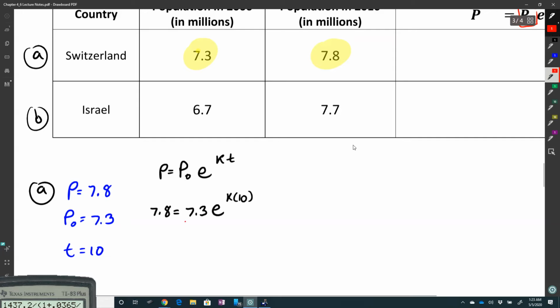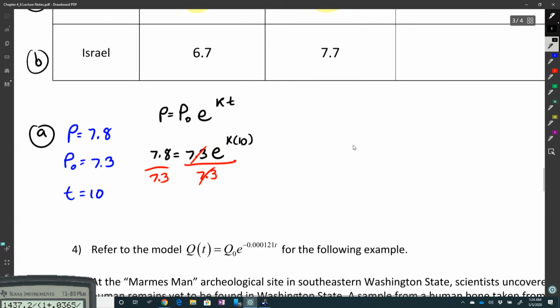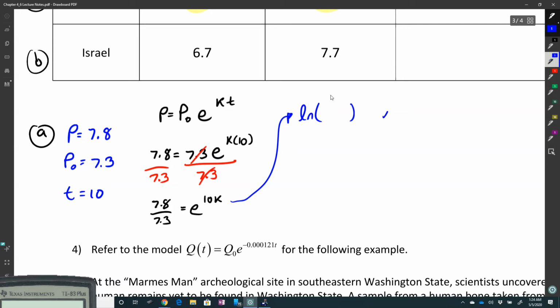My first step to do is to divide by 7.3. No calculator yet. e to the 10k. Now I'm going to natural log both sides. ln of 7.8 over 7.3 equals ln of e to the 10k.